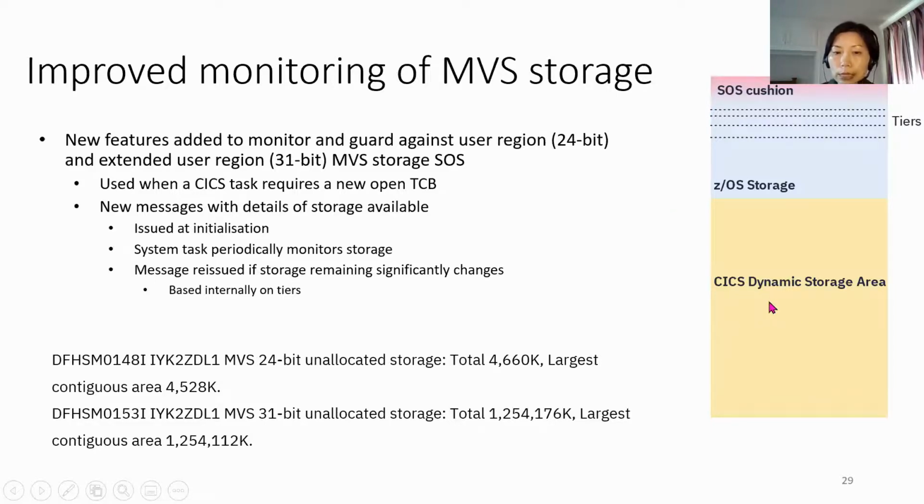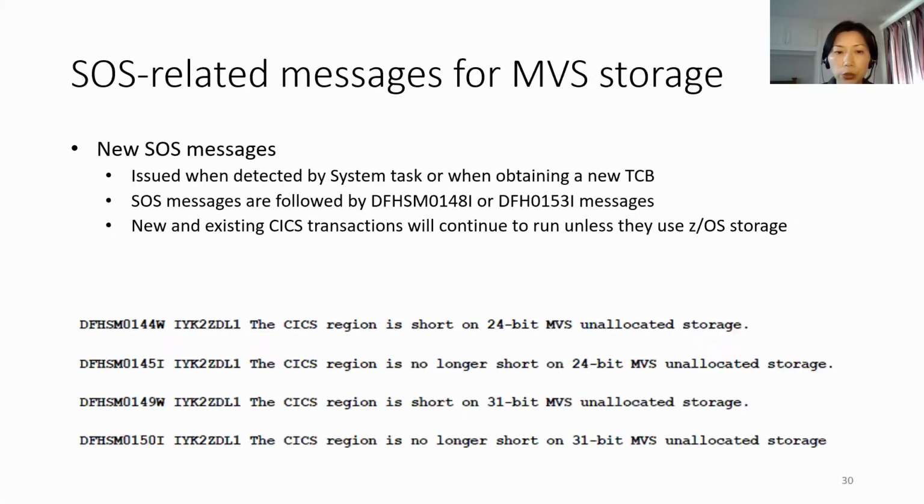Then CICS itself will manage the dynamic storage area, in this yellow part, and it can tell you which DSA, whether it's 24-bit, 31-bit or 64-bit, whether it goes beyond any limit, or whether there is any SOS, short on storage, condition. However, CICS doesn't manage the part above that, which we call z/OS storage, or in another term, MVS storage.